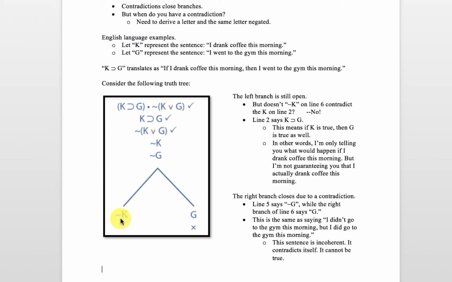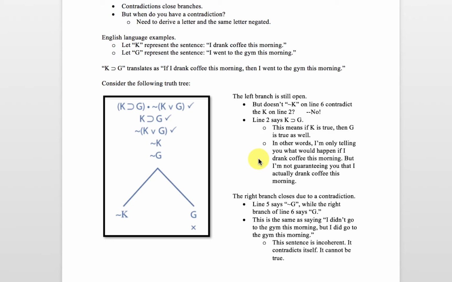So let's look at this not K and the K that's up here on 2. This is not a contradiction, and the basic reason why: line 2 is not asserting K. Line 2 asserts if K, then G. To paraphrase, this means that if K is true, then G is true as well. To use our example sentences, imagine me telling you that if I drank coffee this morning, then I went to the gym.